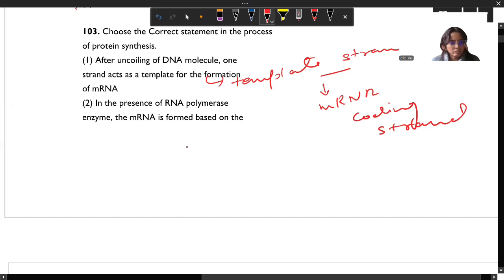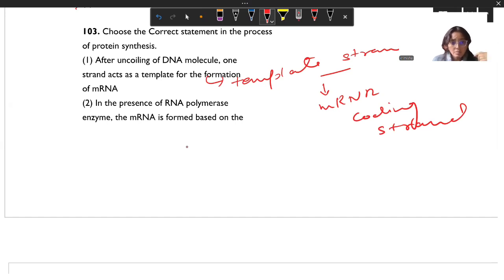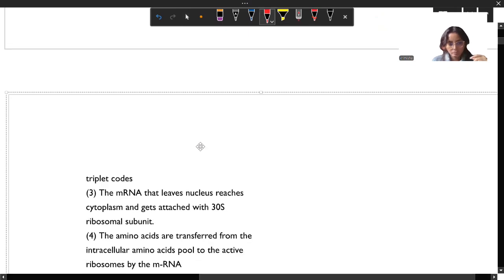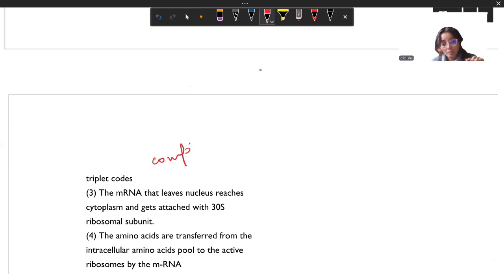Now let's see what the second option is saying. It is saying, in the presence of RNA polymerase enzyme, the mRNA is formed based on triplet codes. Protein is formed based on triplet codes. mRNA is never formed based on triplet codes. mRNA is formed with the concept of complementarity.